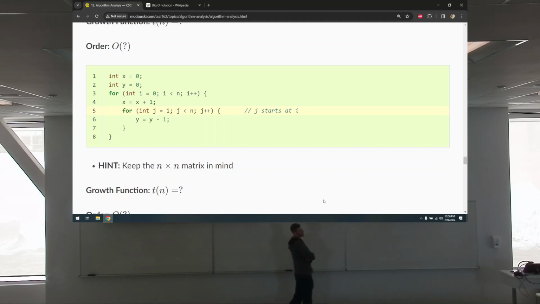By the way, we've seen this pattern several times in 161 and 162 already, but you just haven't really noticed it. This might be the first time we're putting it on display.